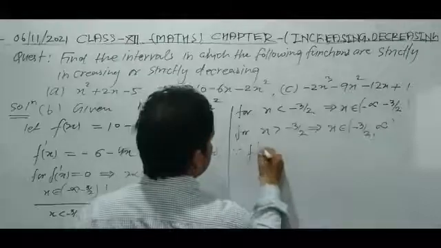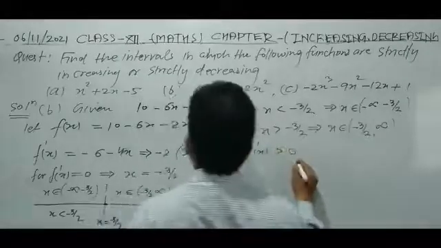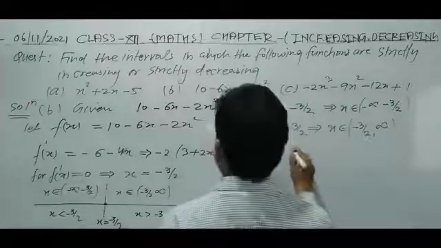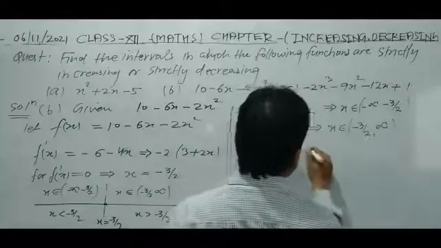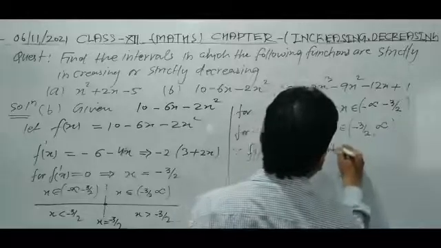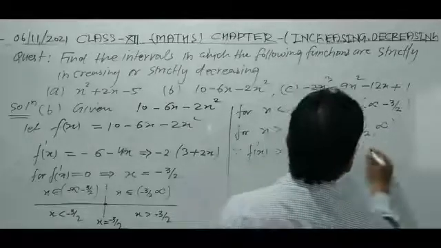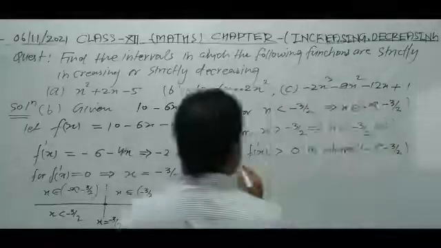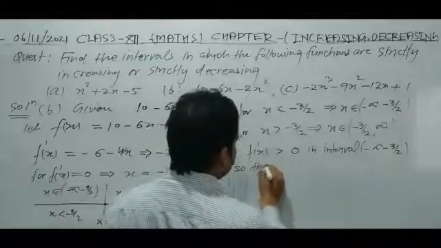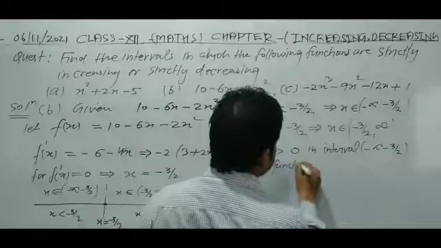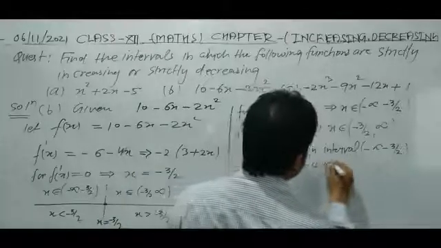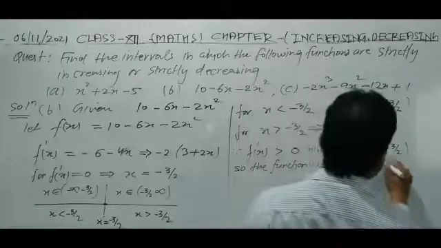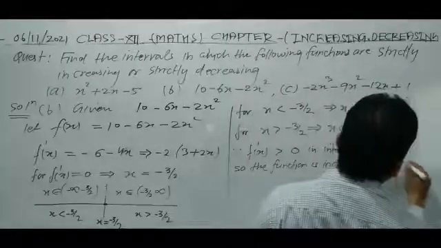Since f dash x is greater than 0 in the interval minus infinity to minus 3 by 2, the function is increasing in minus infinity to minus 3 by 2.